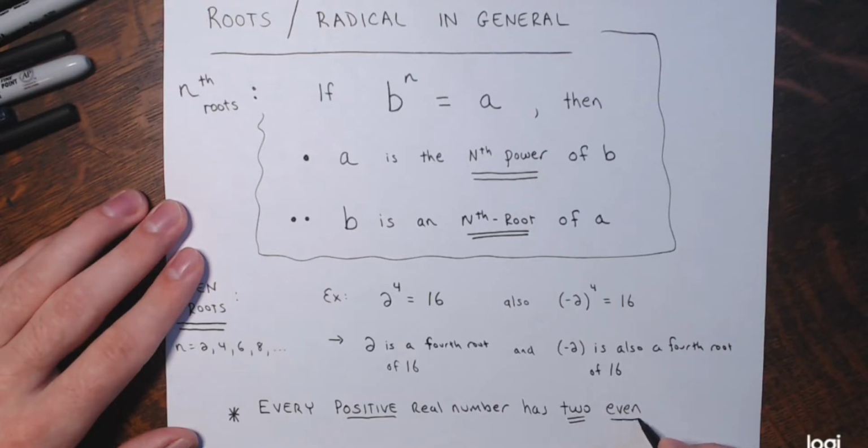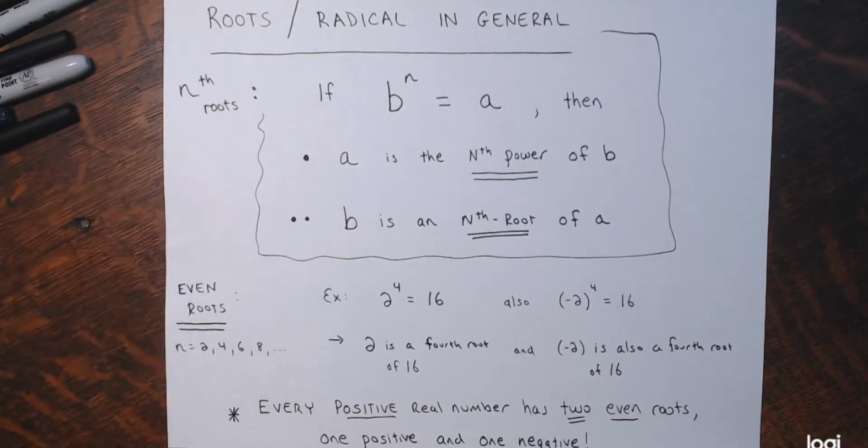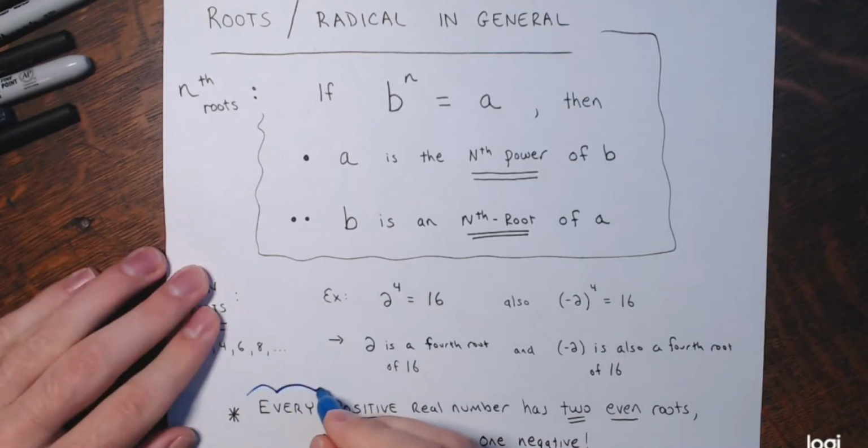Just like earlier with square roots, where n equals 2. It's got to be even though. 2 even roots: 1 positive and 1 negative. So very similar again to what I said about square roots earlier. Once again, I'll bubble this. This is important.